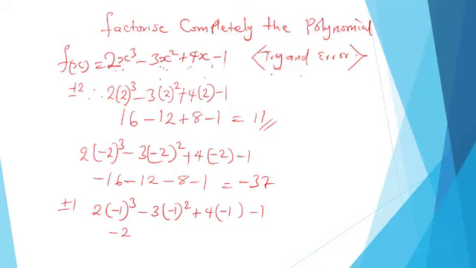On the other side we still have a minus 3, and here we have minus 4, and also we have minus 1. So minus 2 minus 3 is minus 5, minus 5 is minus 10. Now this is how the procedure will continue until you search for a particular number that can give us 0. Then when you get 0, that becomes a factor of the polynomial.